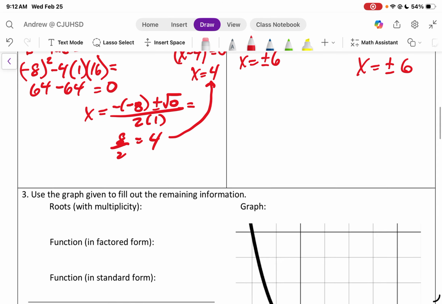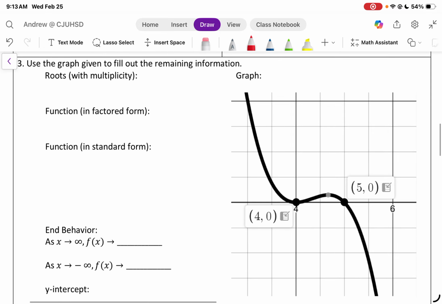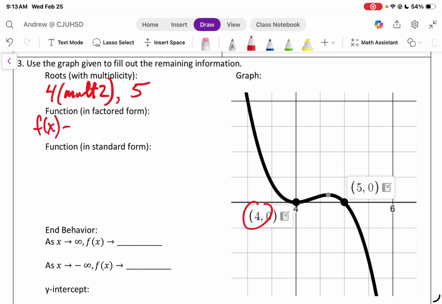Okay, on number 3, the roots would be 4, and that has a multiplicity of 2 because it bounces at 4, and also 5. Now, in factored form, this would be, now you notice it's coming down as a negative.